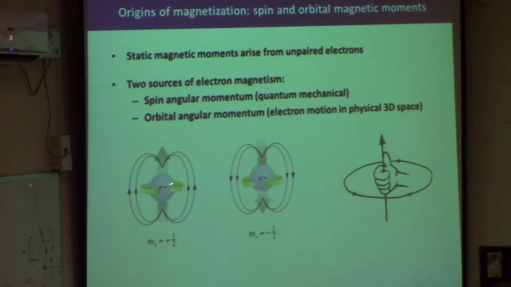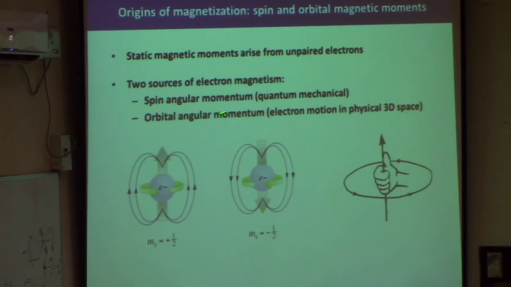So here is an electron spinning on its axis, generating field lines and projecting a magnetic dipole in a direction with a value of plus a half. So this is not telling you anything you don't know already. And here we have the opposite situation where the spin is going the other way and now pointing down. So the motion in this direction projects a dipole in that direction.